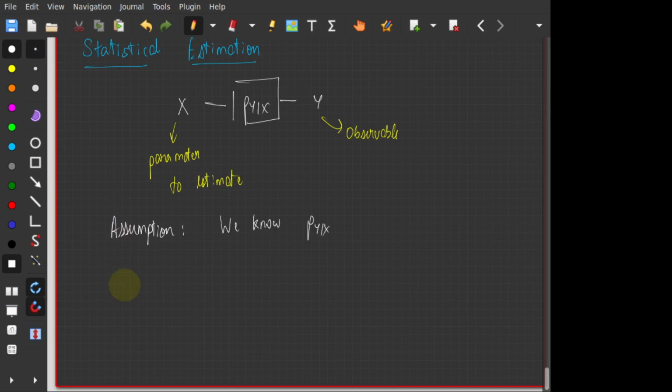So for now, we'll relax this assumption, but x is random and x is distributed according to some density that I'll call p(x).